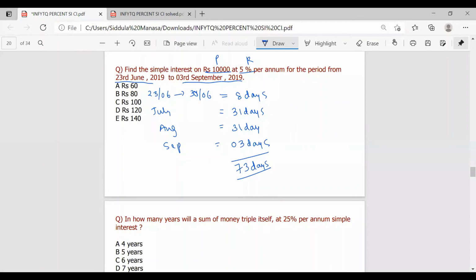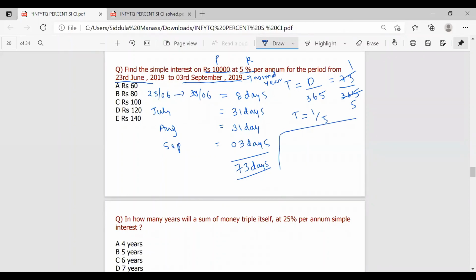So now time becomes days by 365, because 2019 is a normal year, not a leap year. That becomes 73 divided by 365, which is 1 by 5.